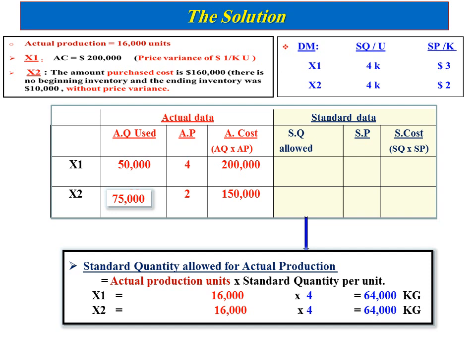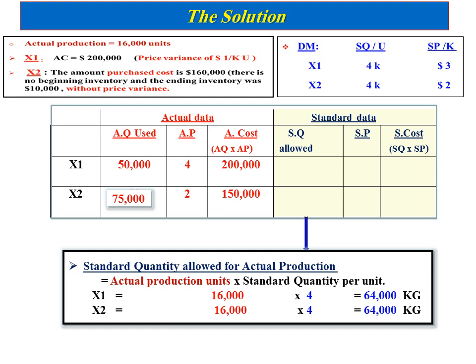Actual quantity, I mean actual production. Here I have 16,000 units, and the standard quantity for X1 is at the top of the slide, on the right side, standard quantity per unit: X1 4 kilograms and X2 also 4 kilograms.